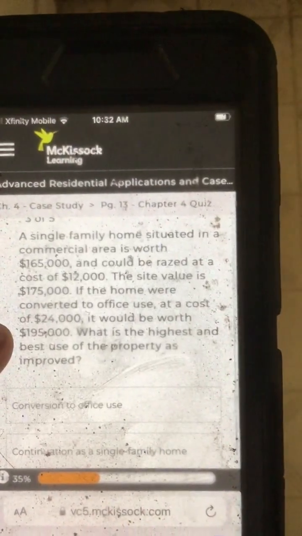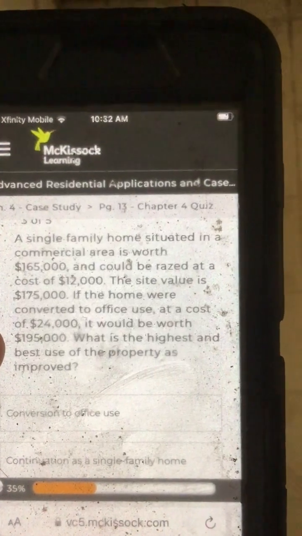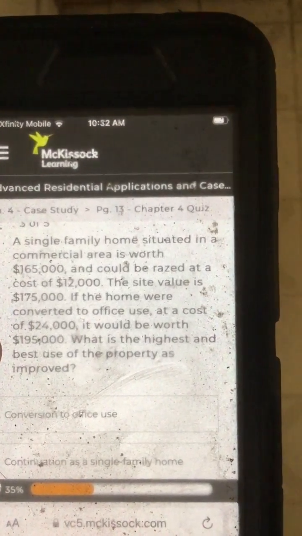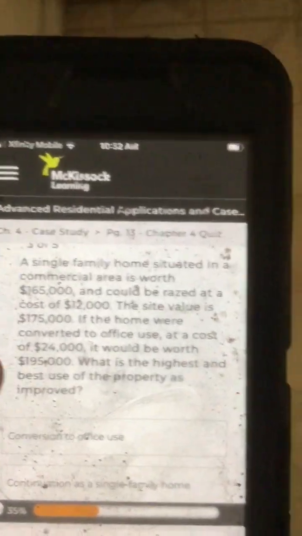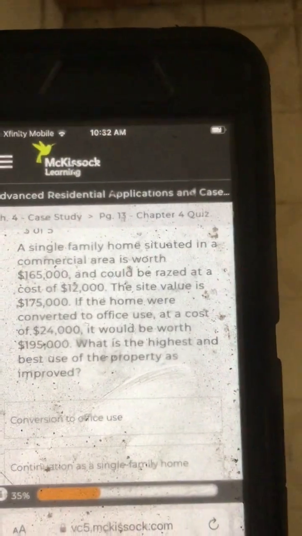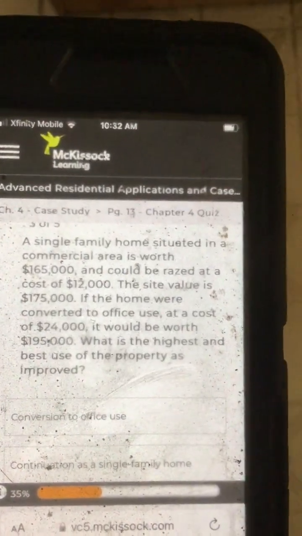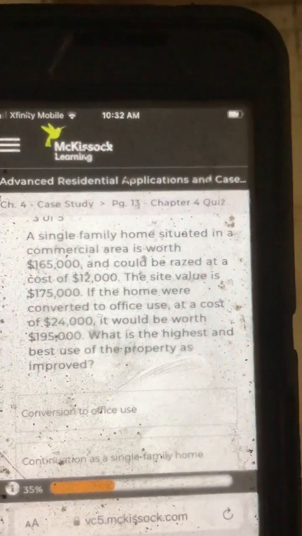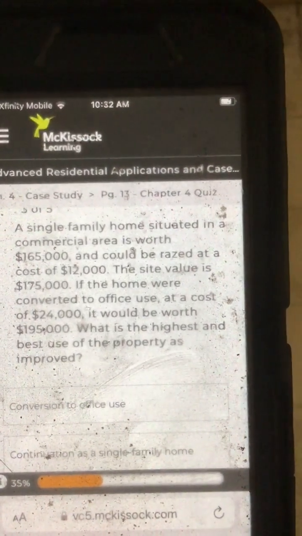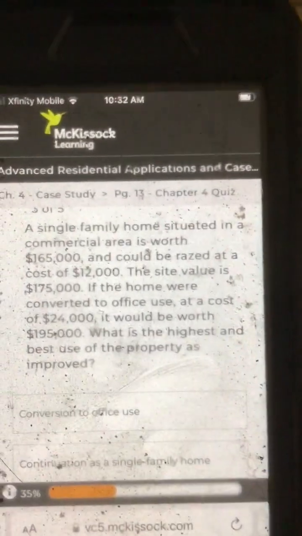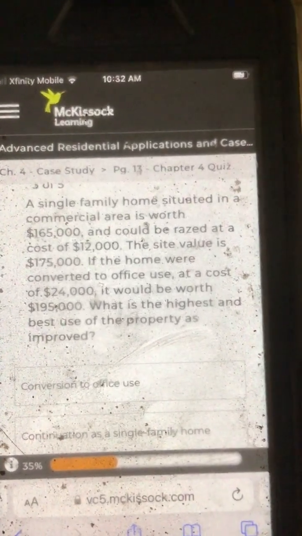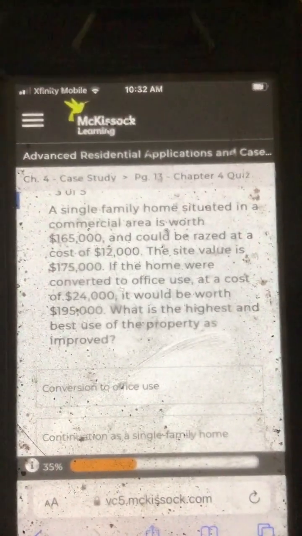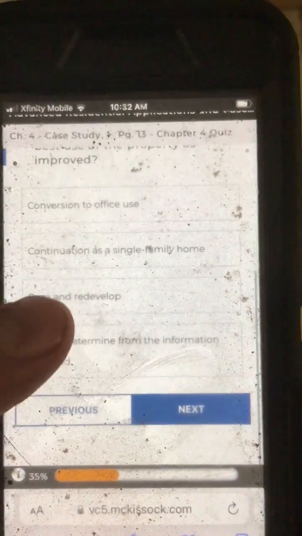Number 3, a single-family home situated in a commercial area is worth $165,000. It could be raised at a cost of $12,000. The site value is $175,000. If the home were converted to office use at a cost of $24,000, it would be worth $195,000. What is the highest and best use of the property as improved? A. Conversion to office use.